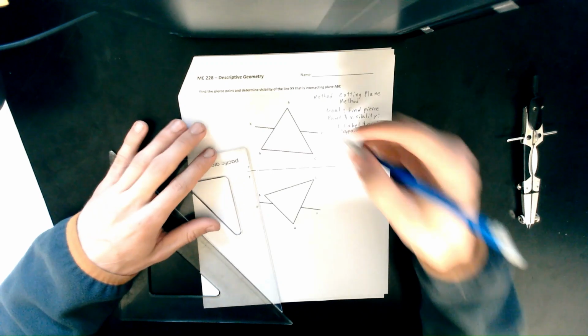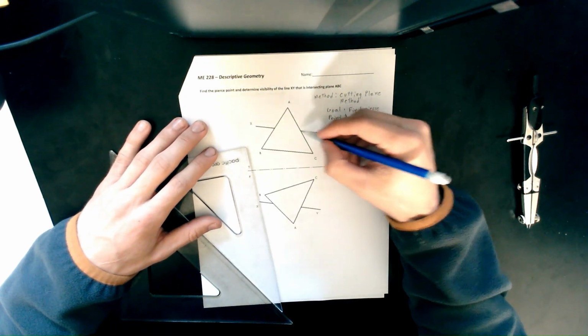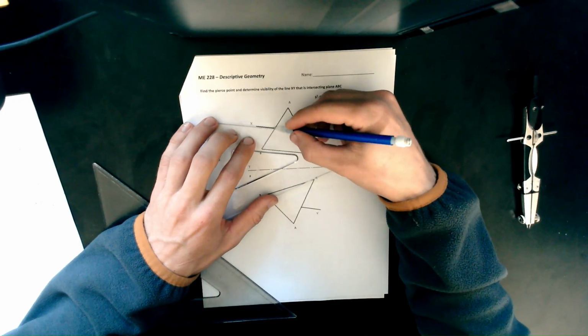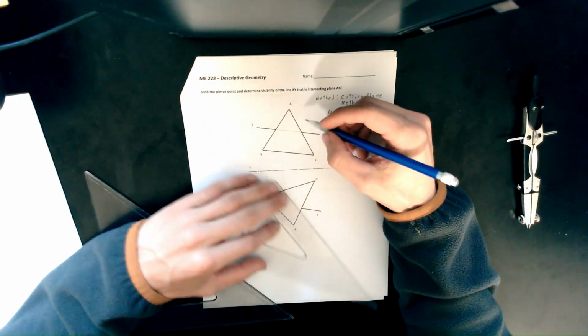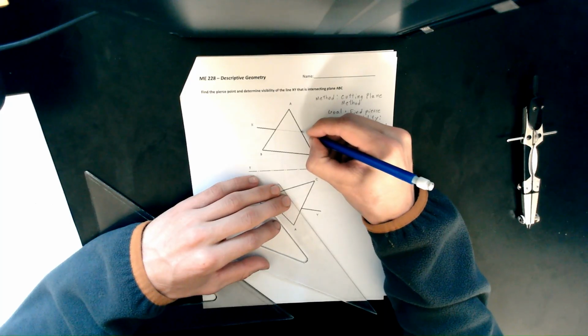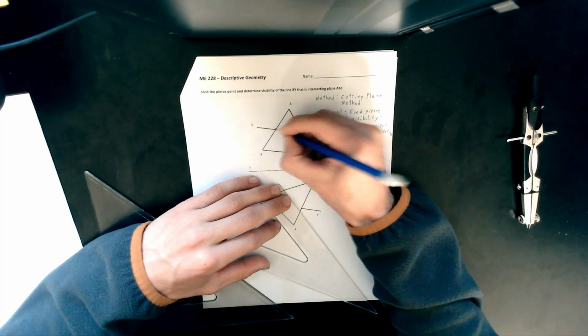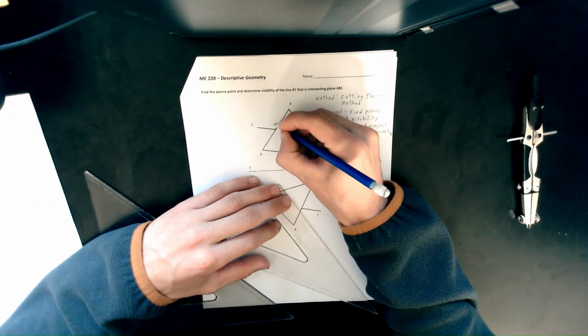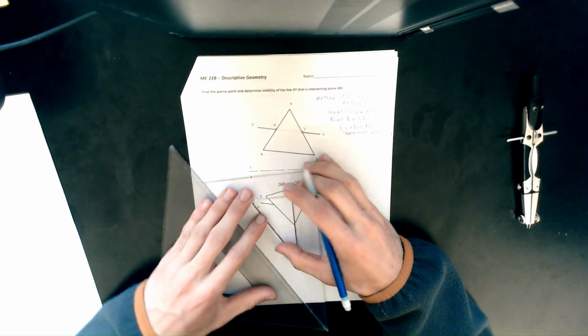So here I can call this where the line intersects here with the edges of this plane. They don't actually intersect, but that's why we call them apparent intersections. They somewhat look like they intersect, and I can label this Y and this point X and project them down.